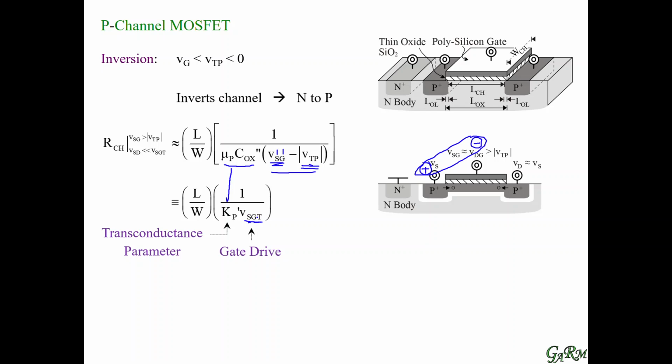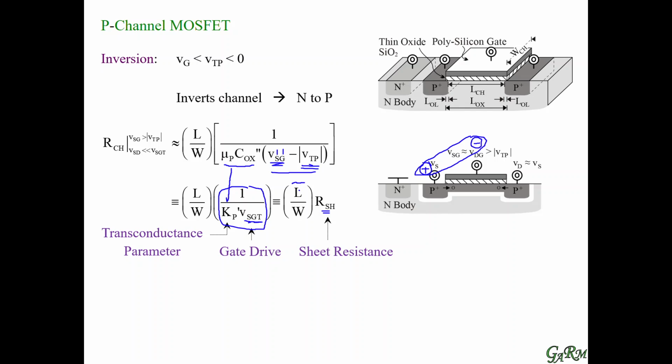But we can take this one more step, and we can say that this whole thing here is describing the baseline resistivity of the device. And we call this the sheet resistance because this is the resistance of one square. And this right here is the number of squares.